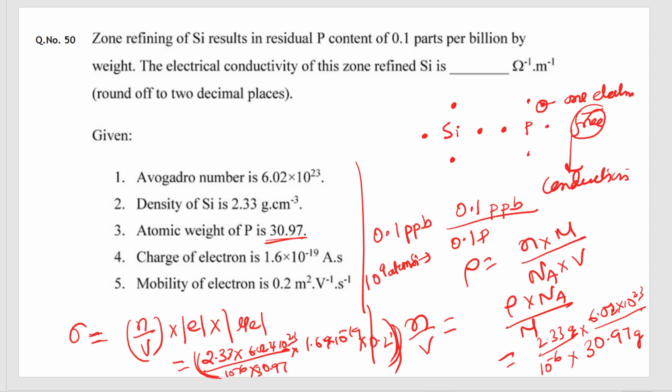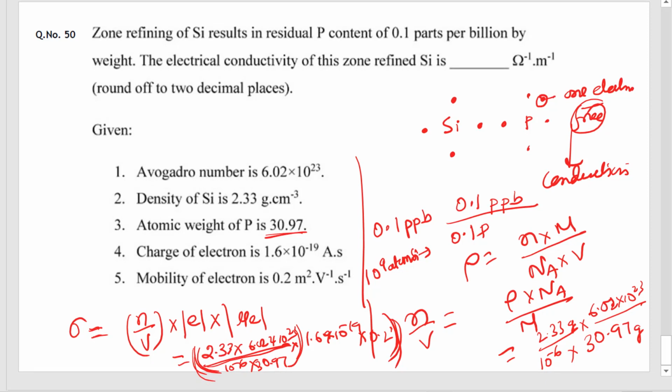So for these N by V atoms, we will have N by V times 0.1 divided by 10 power 9 atoms, right?